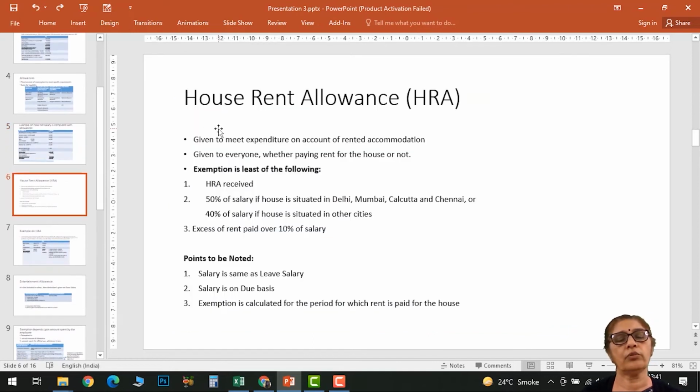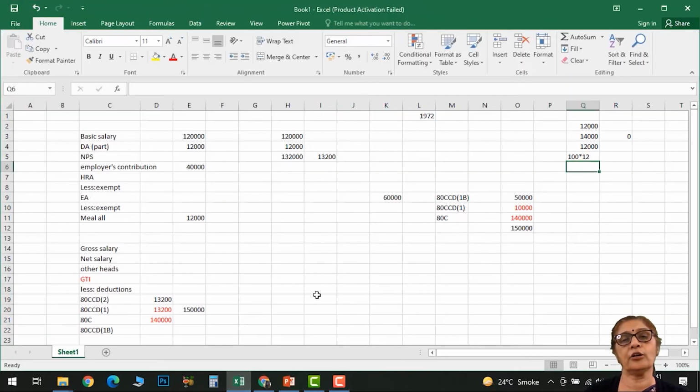Now, house rent allowance. What is house rent allowance? House rent allowance, as I told you, is an allowance given to the employee to meet the expenses that he incurs on account of his staying in a rented accommodation. Only if you are staying in a rented accommodation.